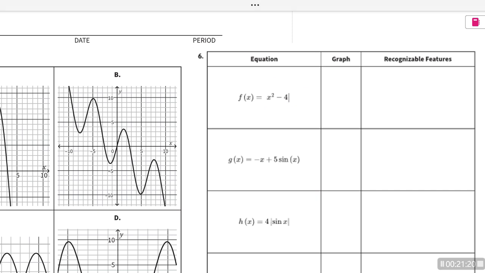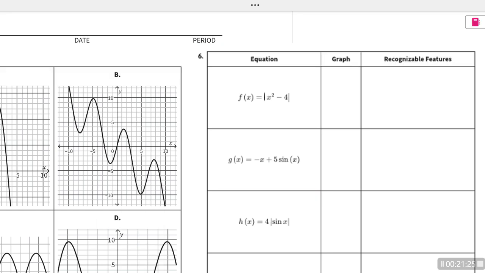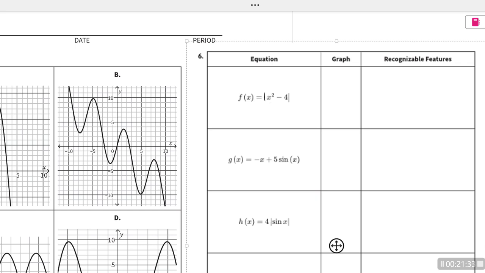So, and this got cut off. This is the absolute value of x squared minus 4. So we're definitely looking for something that looks like a parabola. So this is going to be the shape of a parabola, right?